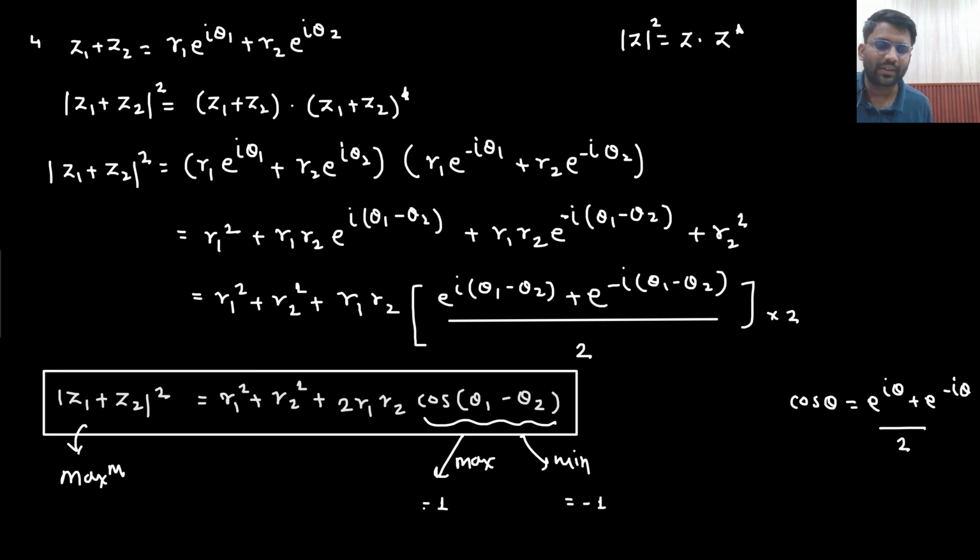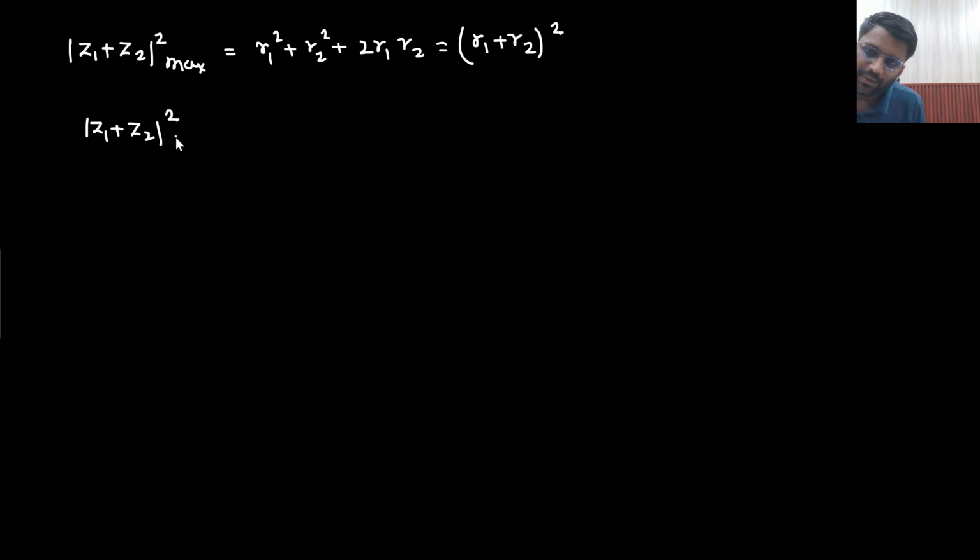So if you need the magnitude of z1 plus z2 whole square maximum, then what will you get? r1 square plus r2 square plus 2 r1 r2. What would that be equivalent to? That would be nothing but r1 plus r2 whole square. So z1 plus z2 magnitude whole square is coming out to be r1 plus r2 whole square.